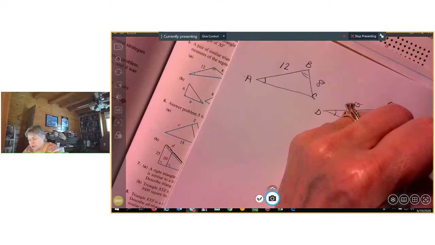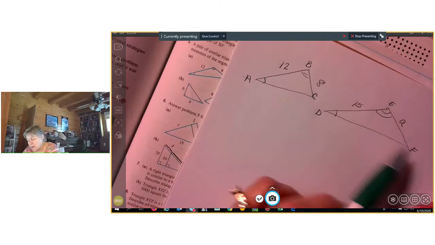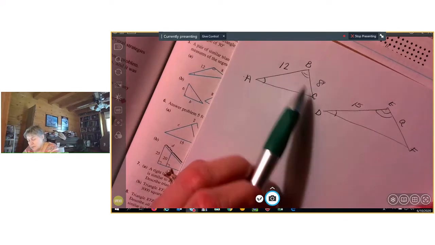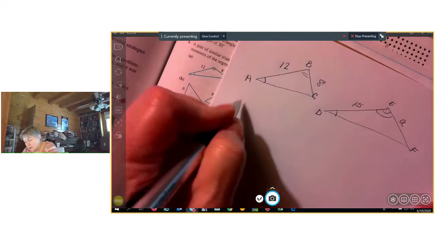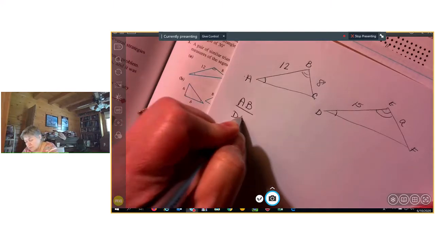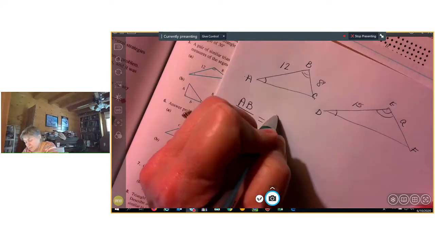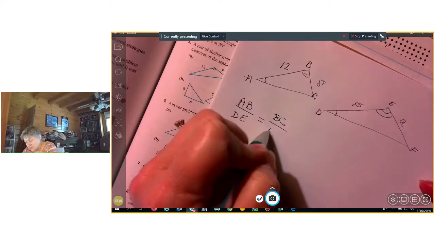That way, when I'm looking at these sides and putting in proportions, I know that A and D are the same angle, and B and E are the same angle. So I know that AB has to be in proportion to DE, and then BC has to be in proportion to EF.